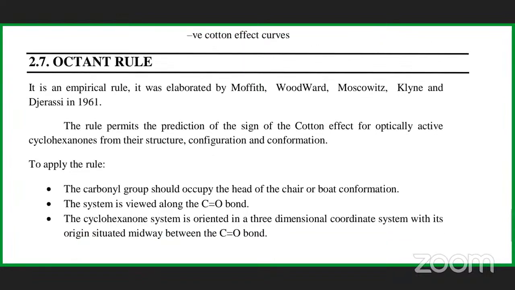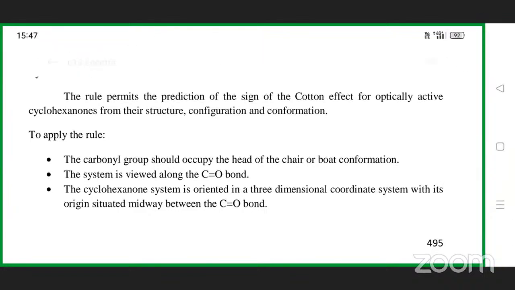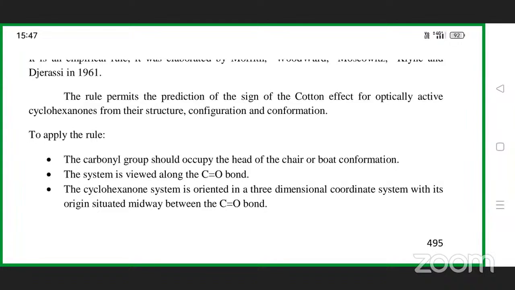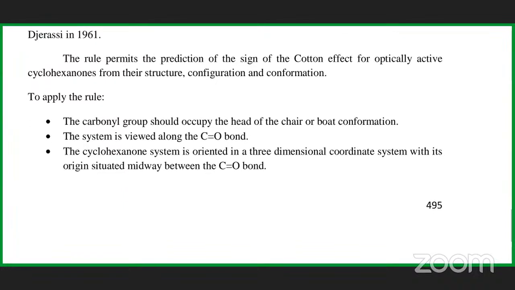As per the octant rule, you can see some points. The rule permits a prediction of the sign of the Cotton effect for optically active cyclohexanone from its structure, configuration, and conformation. The carbonyl group should occupy the head of the chain or boat conformation.